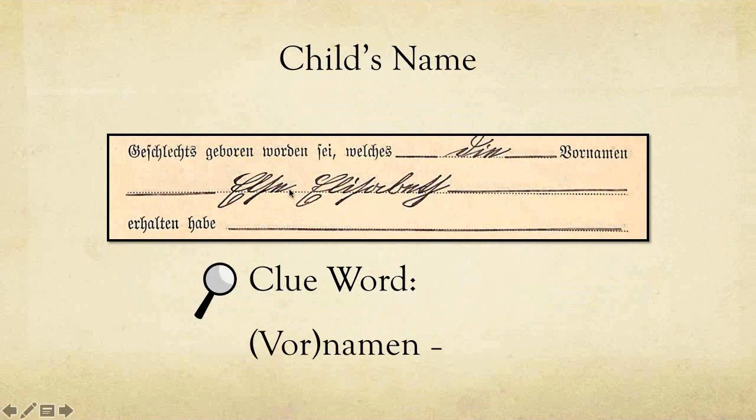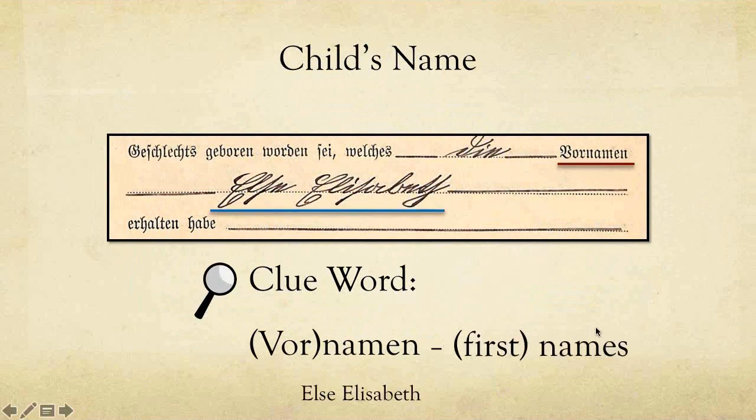If you have more than one name, like we have here, her name is Elsa Elisabeth, you would get the plural of names, which is just an N at the end, Namen, and then Vornamen means first names. So some variation of the word name: Name, Vorname would be first name, Vornamen, first names.